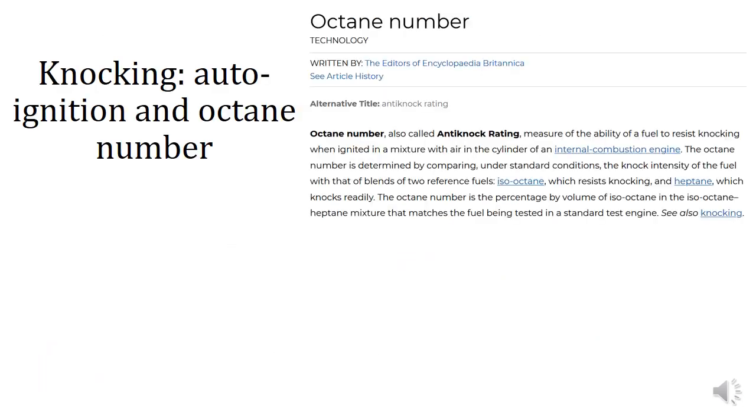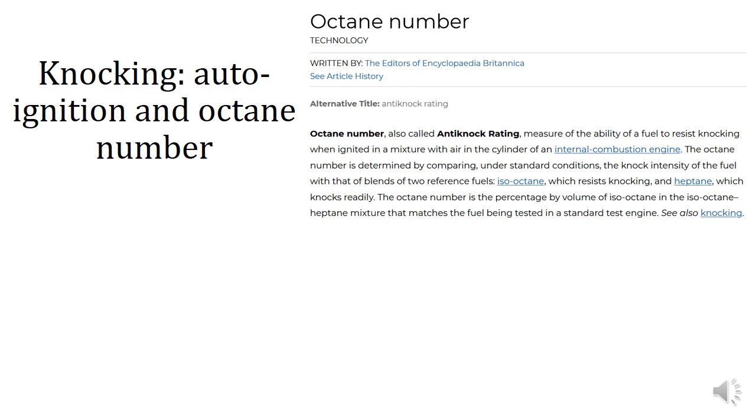Let's talk a little bit more about knocking. Now, knocking is that auto-ignition. We don't want that fuel to auto-ignite. We want it to ignite only when we apply that spark so that we get that smooth transfer of energy through the cylinder.